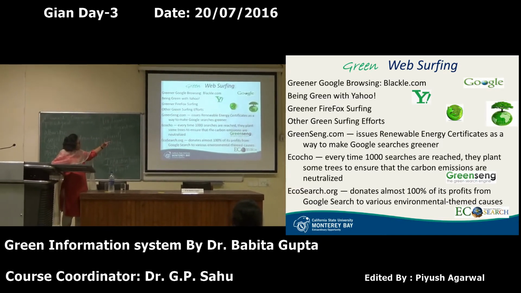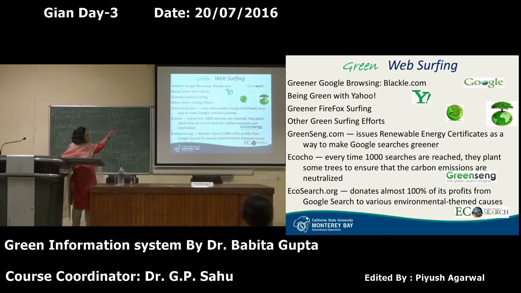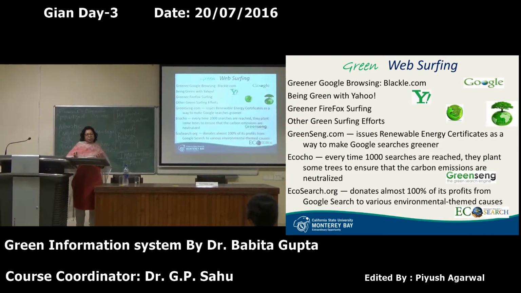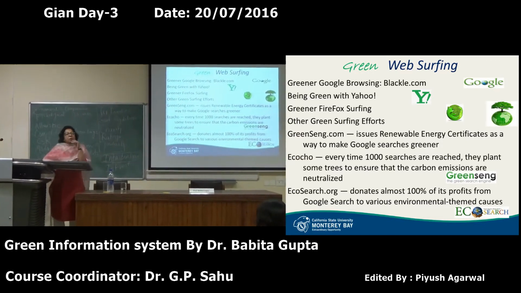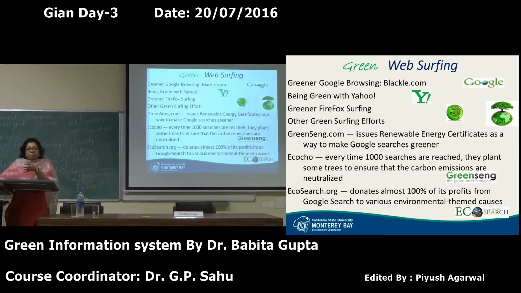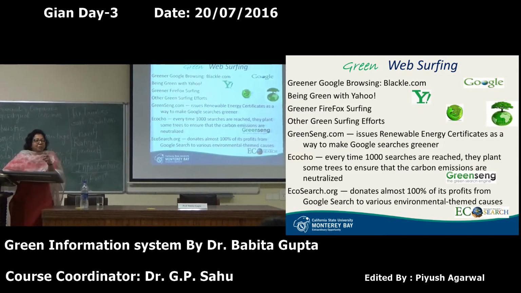Ecopico is another company that every time 1,000 searches are reached, they plant some trees to sort of offset the carbon emissions. So can somebody explain to me what's the relationship between a search and a tree? I know you know it, so let's just verbalize it.